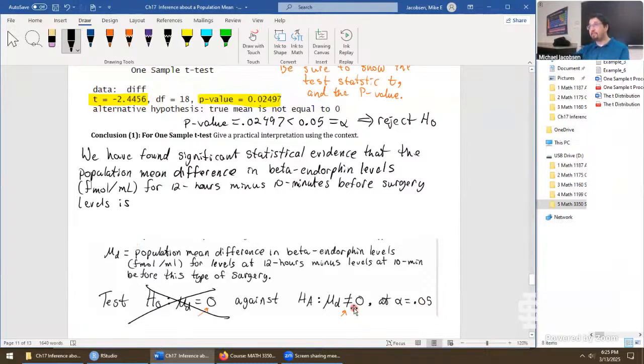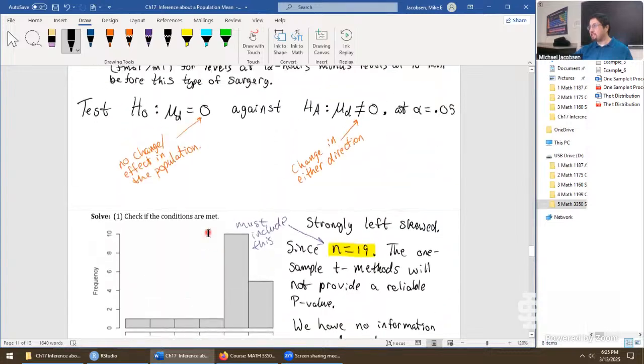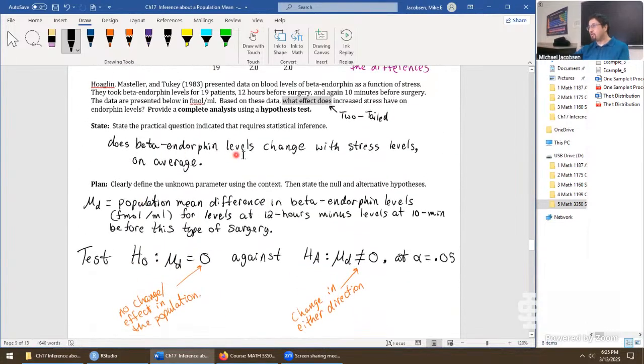And if we looked into our confidence interval, that's providing the follow-up analysis, we could say the levels are negative. Now, what was the practical question we asked? We asked, do beta endorphin levels change with stress levels on average?